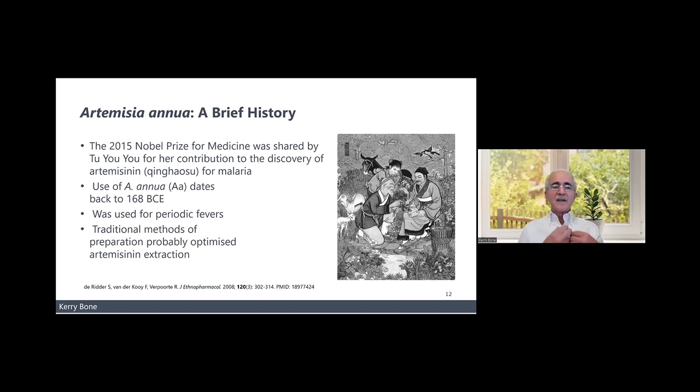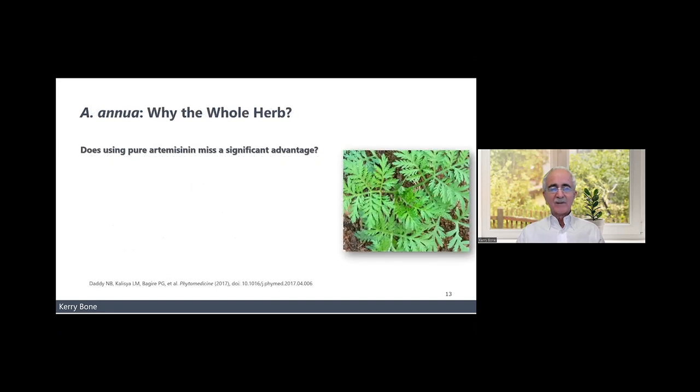So artemisinin as a pure chemical is not very bioavailable, and this has led to the development of artemisinin derivatives that have been used mainly now in drug therapy for acute malaria. But here's a really interesting clinical study that was published a few years ago. And the question is, does using pure artemisinin miss a significant advantage?